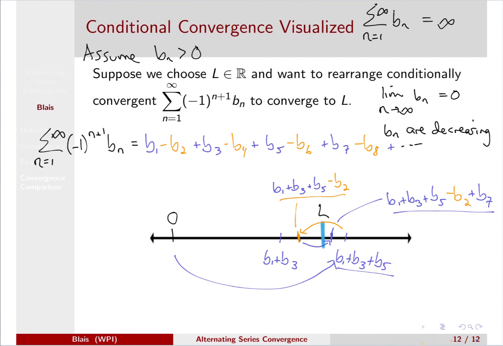You can rearrange your terms as much as you want, and you will always get the same value for the series. For conditional convergence, you have this weird result that given a target L, you can find a rearrangement such that your series with that rearrangement of terms will converge to L.